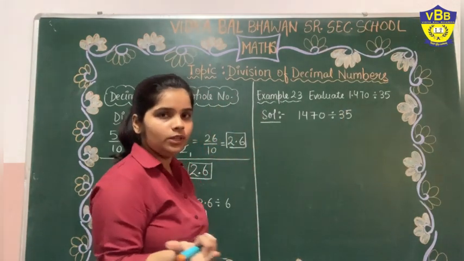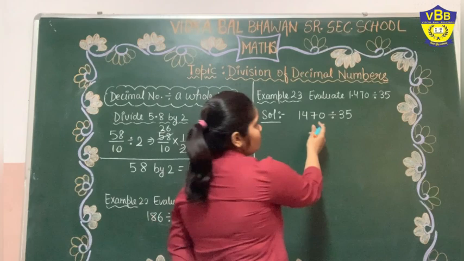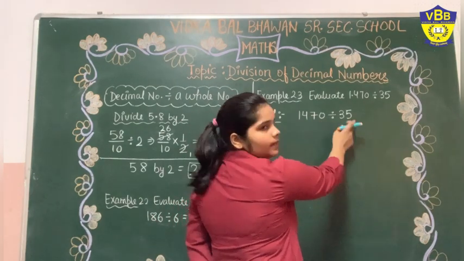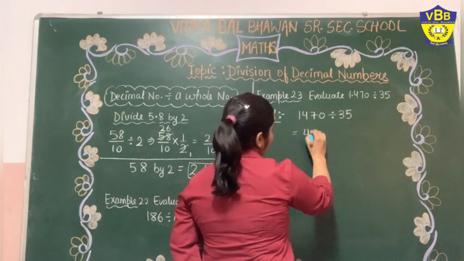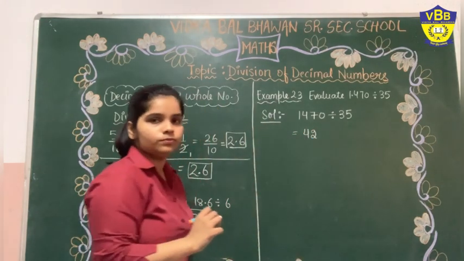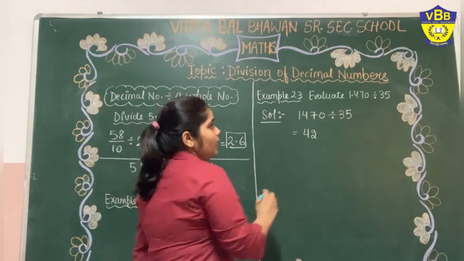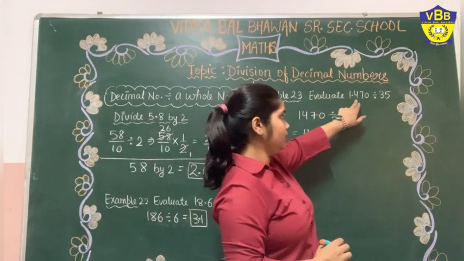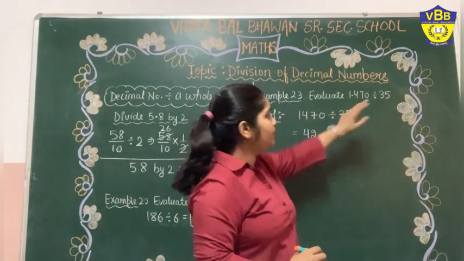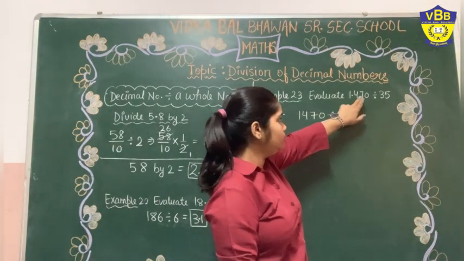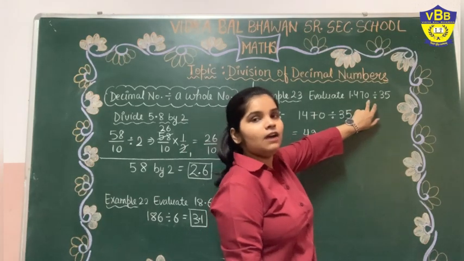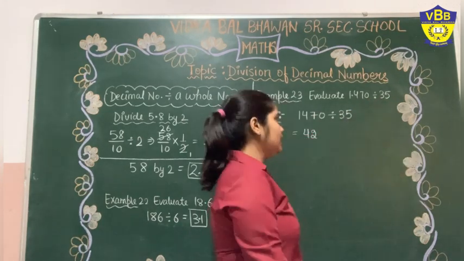Initially we are ignoring the decimal sign. 1470 divided by 35. When we divide this number, we will get the answer 42. Now the answer here is 42. But the question is having three decimal places, 1, 2, 3. The decimal has been placed after 3 digits from the right side.